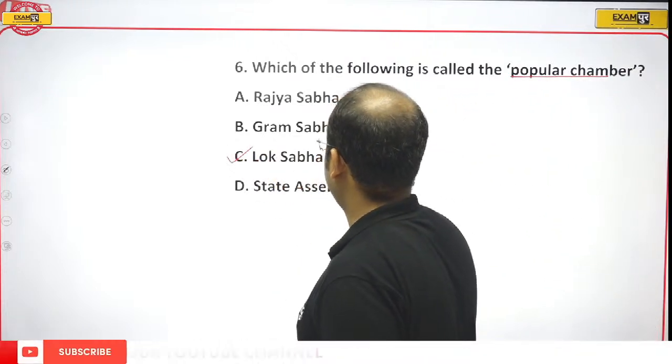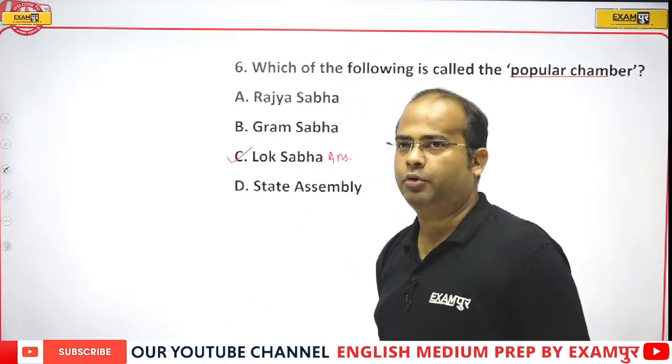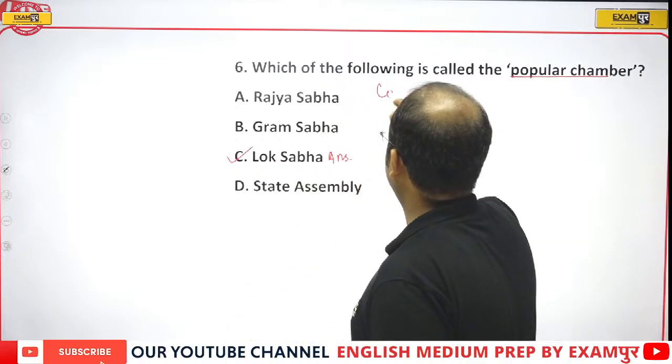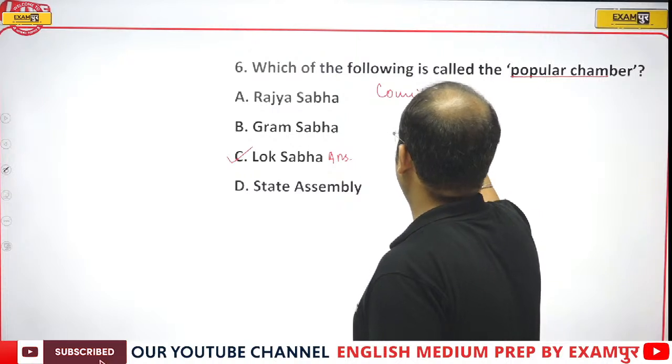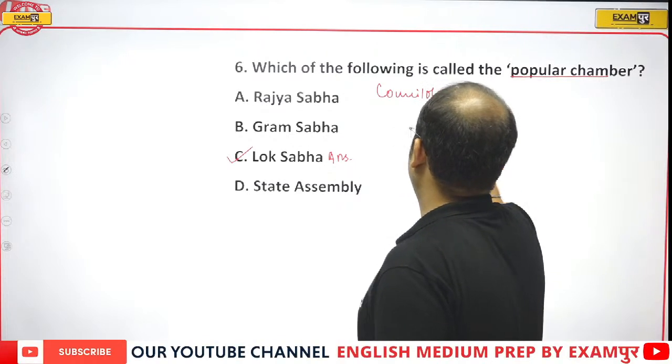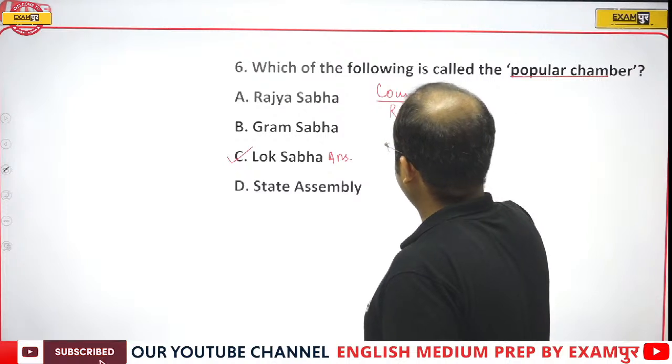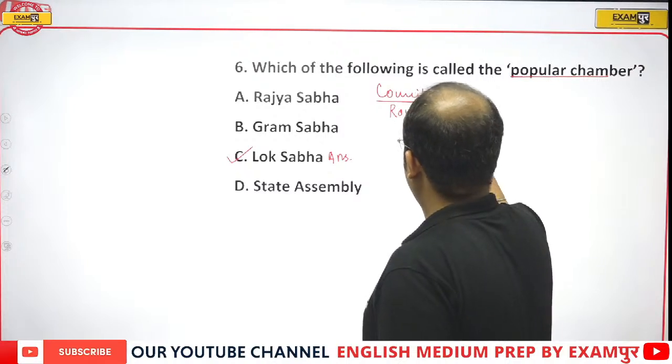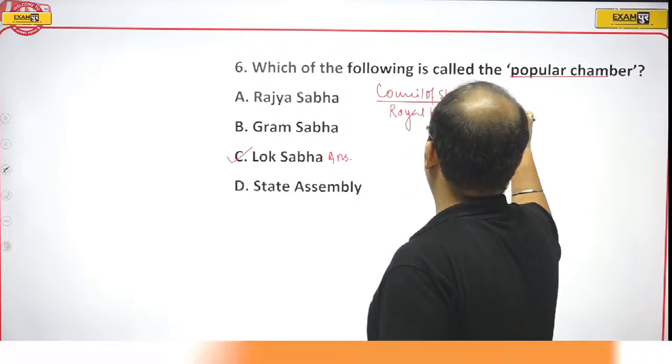is Lok Sabha. So Lok Sabha is called the popular chamber, and the Council of States, or the Royal House, is Rajya Sabha.